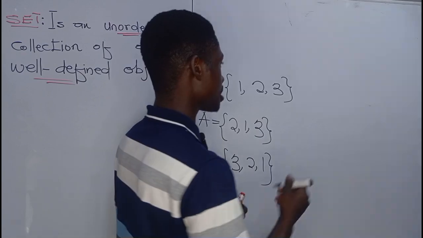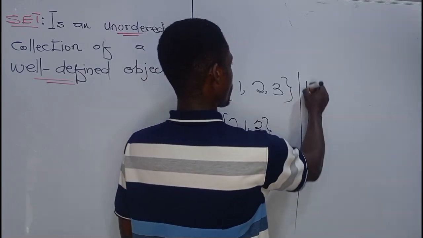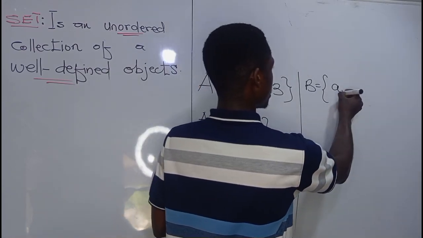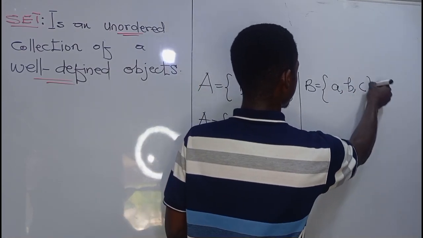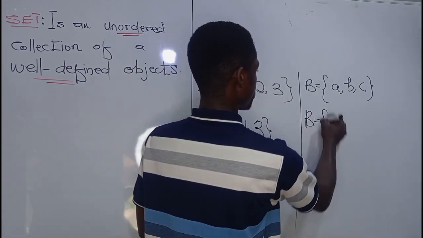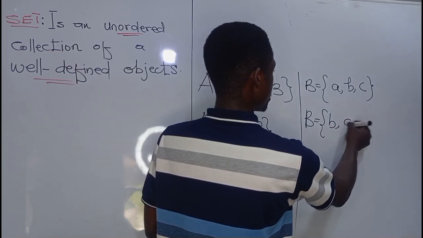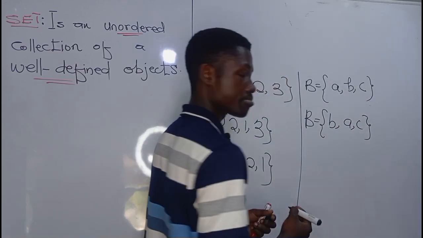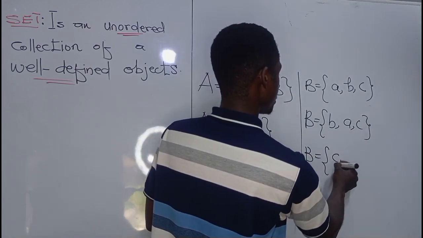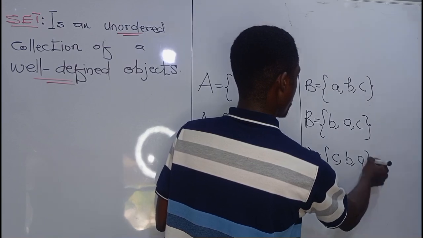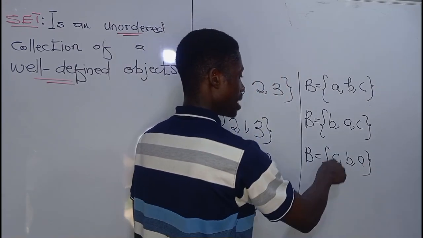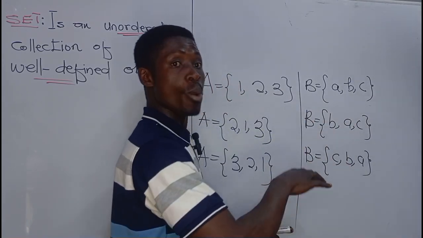Similarly, when you have, let's say, set B, which contains the elements A, B, and then C, this set B is the same as B, A, and then C. It's also the same as C, B, and then A. The most important thing is that those elements within the set must all be present.